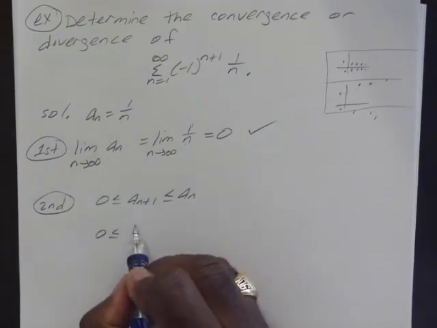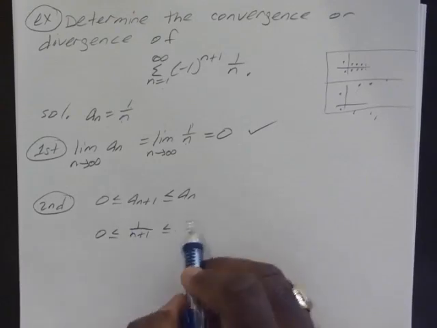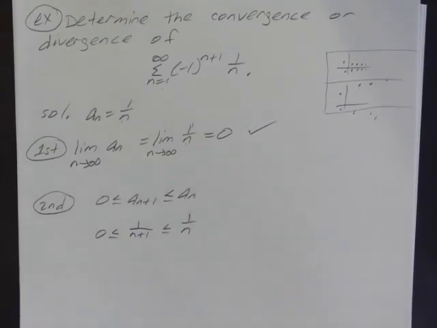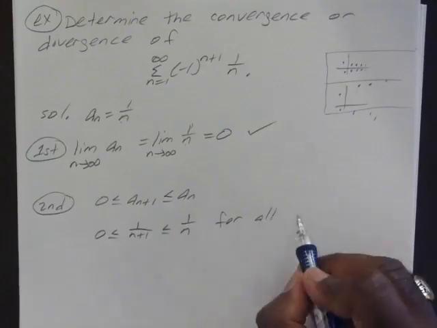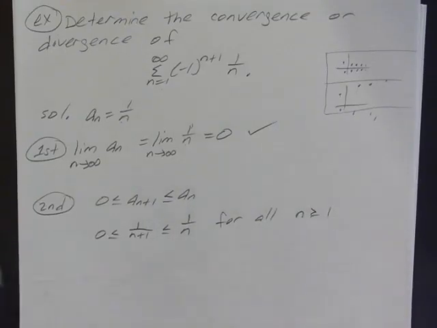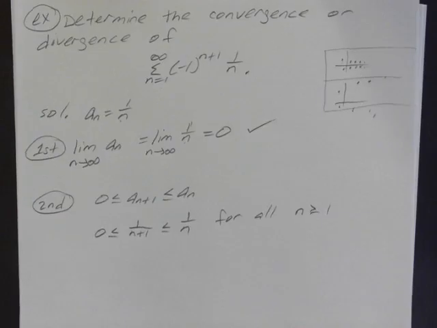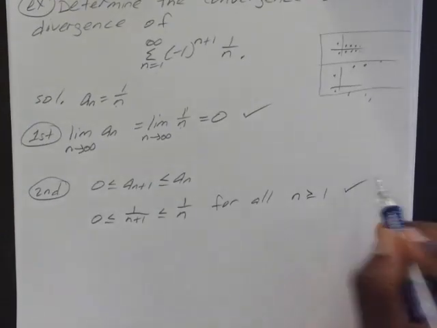Just replace n with n plus 1. And that's less than or equal to 1 over n, which is true for every value of n greater than or equal to 1. Okay. So this one is true.